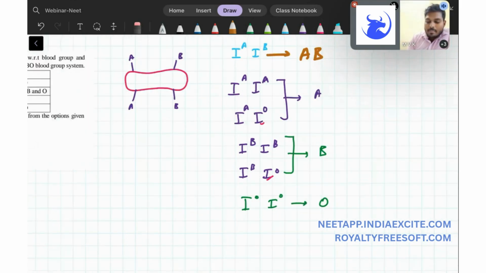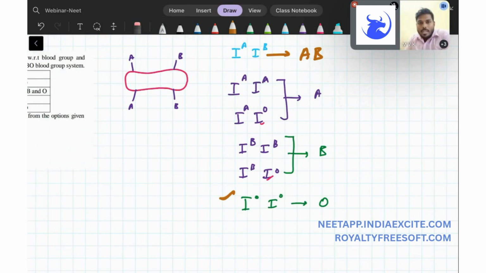Neglecting the Rh factor, let's focus on only ABO blood grouping. O blood groups can be universal donors. Why?